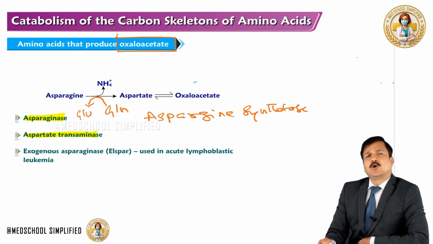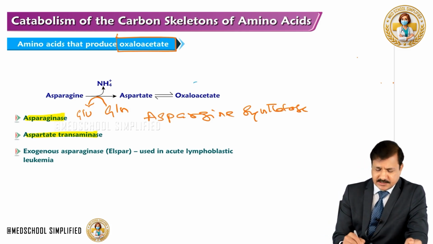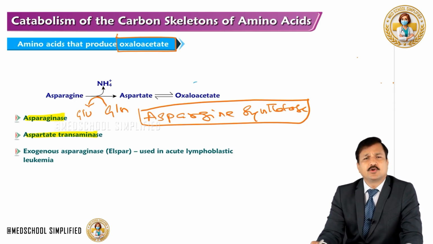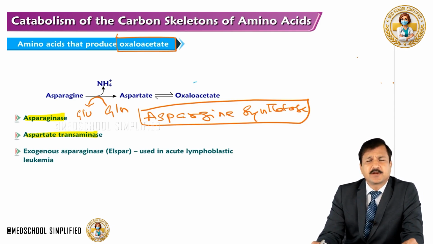Most of our cells express the asparagine synthetase enzyme, so they make their own asparagine, and that's why asparagine is a non-essential amino acid. As long as we have aspartate, asparagine can be synthesized by getting a side chain amino group from glutamine.